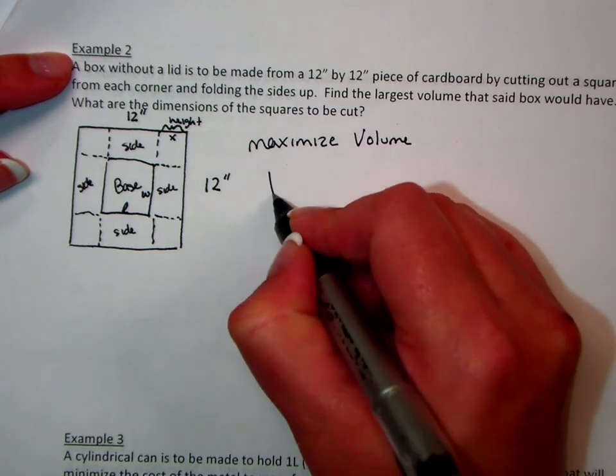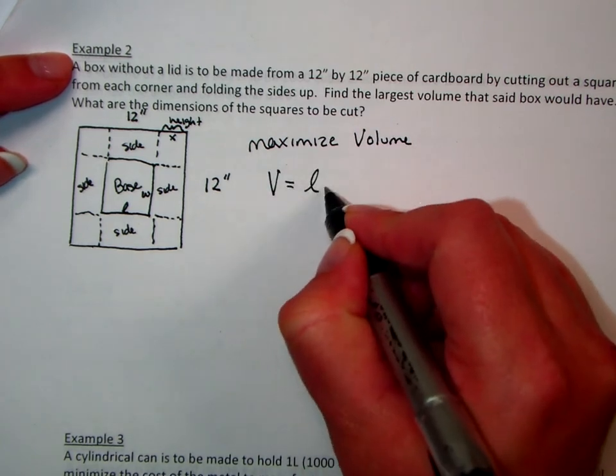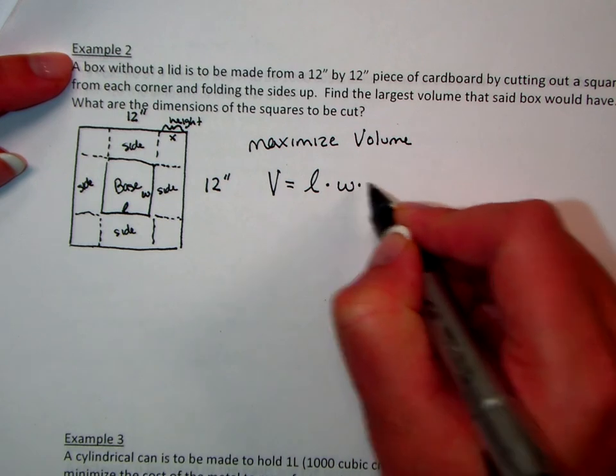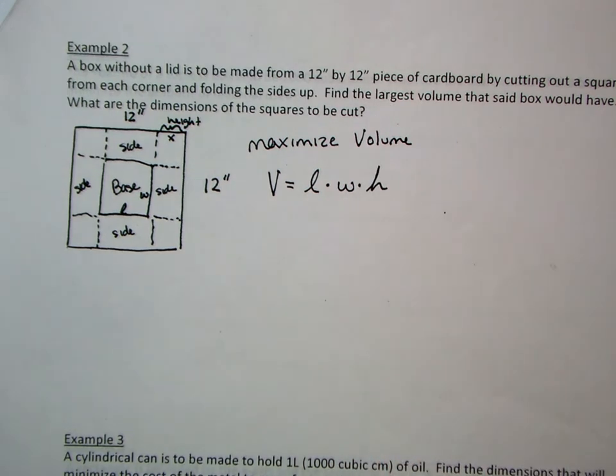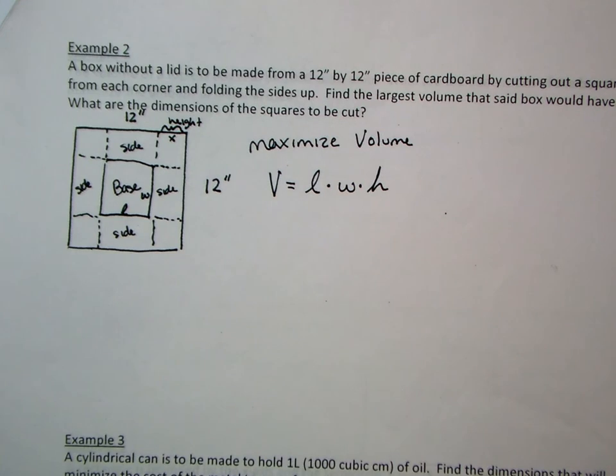The volume has an equation, length times width times height, and this has 3 variables. We only want 1. So it is possible to write everything in terms of x.